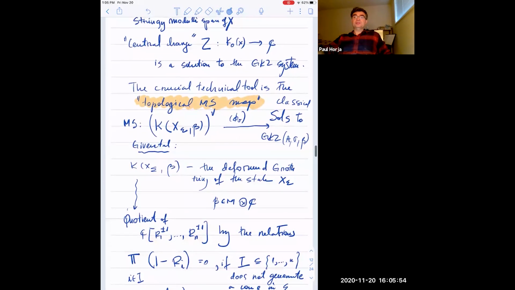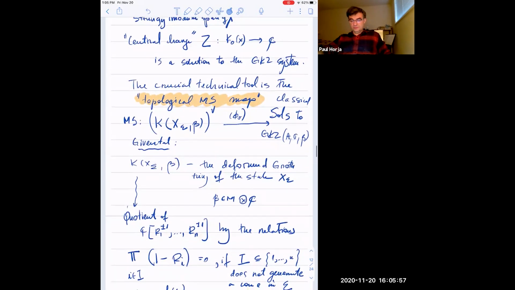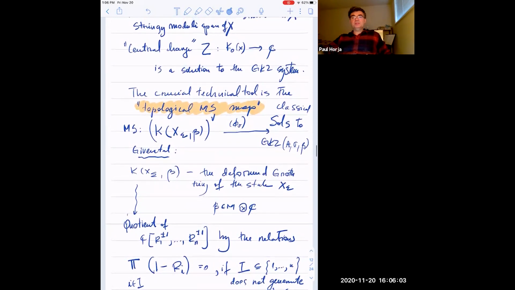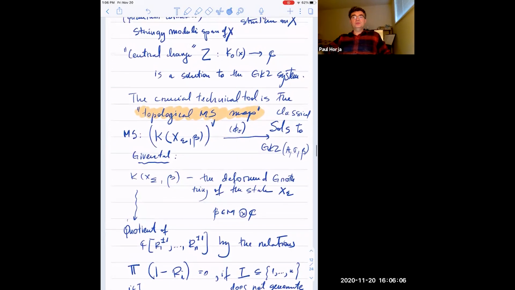The other point I want to make here, since there are some people here who are maybe not familiar with the mirror symmetry world: the missing point of view here is that we would like to lift this identification, this topological mirror symmetry, to a categorical map. In other words, what's really missing in order to prove the full homological mirror symmetry this way is to draw a direct link between the hypergeometric functions, or the D-module, and the actual derived category.